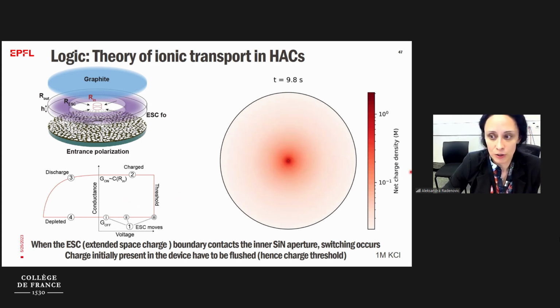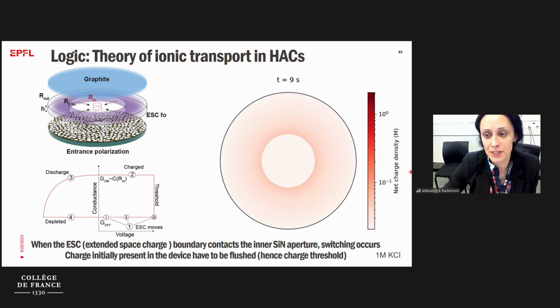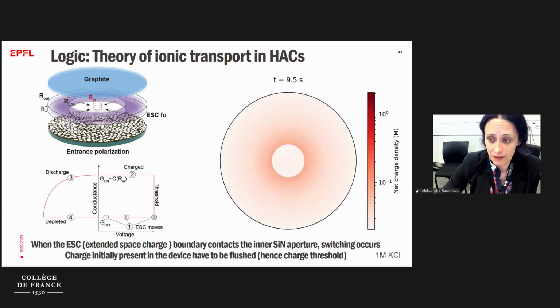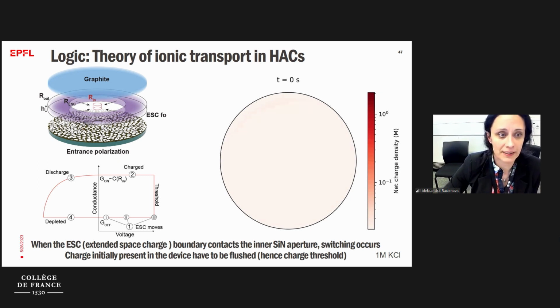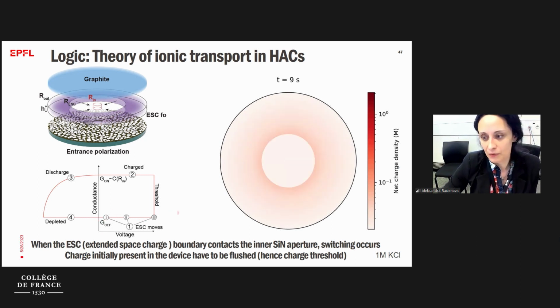So to really rationalize this observed charge threshold, we have developed a theoretical framework based on extended space charges. These extended space charges are accumulated at the surface, and at the beginning, our device really doesn't sense them, and we need to move them, and that only happens when we reach this charge threshold.